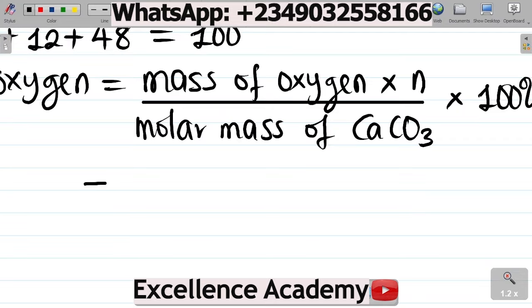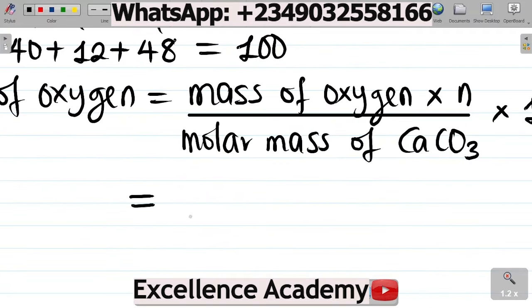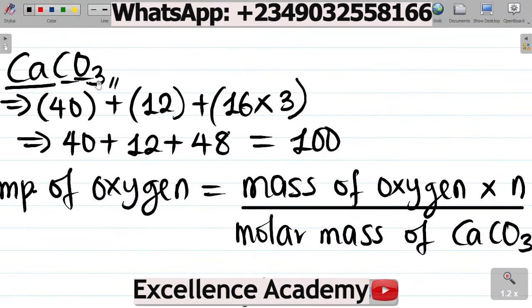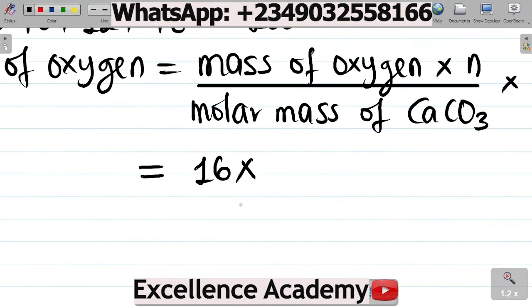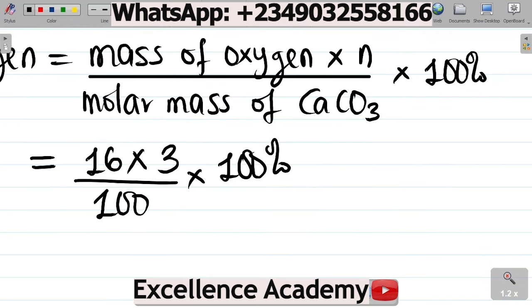This is equal to the mass of oxygen, as we can see here, which is 16, times the number of atoms. In this compound, you have 3 atoms of oxygen, so times 3, all over the molar mass of the compound, which is 100, times 100%, as we said earlier. From here, 16 times 3 gives you 48.